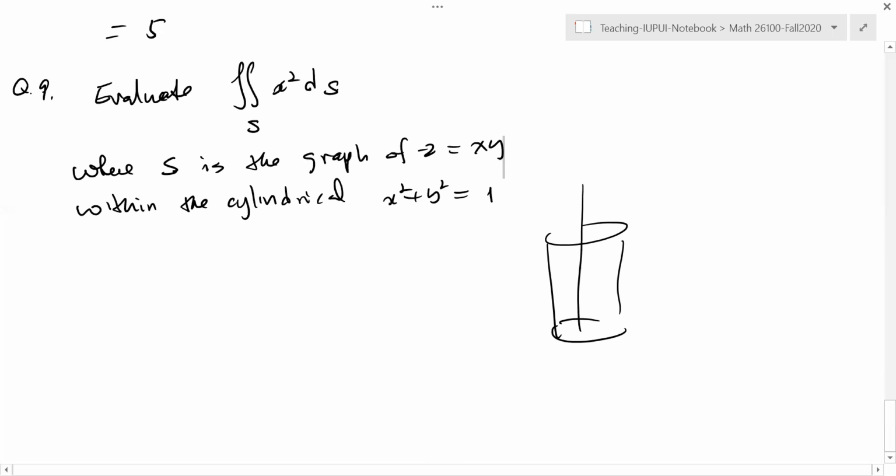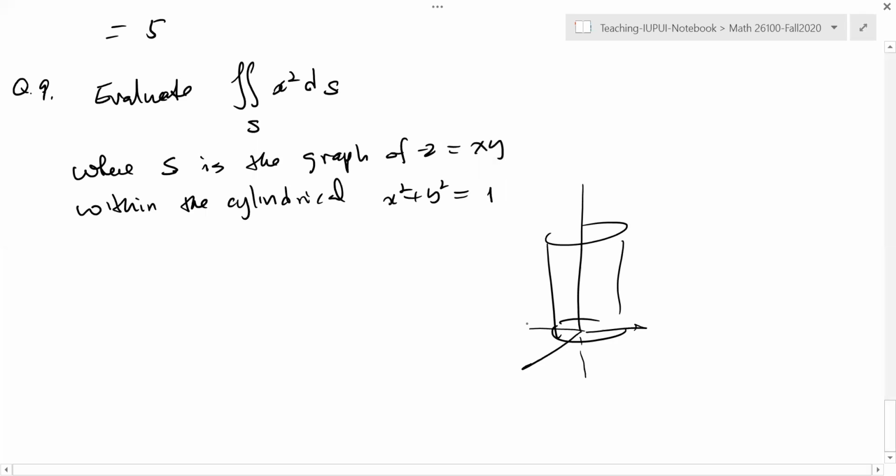Right now somewhere xy is negative, like the second quadrant, third quadrant. z equals x times y, which is negative. It's below the xy plane, but it doesn't matter.